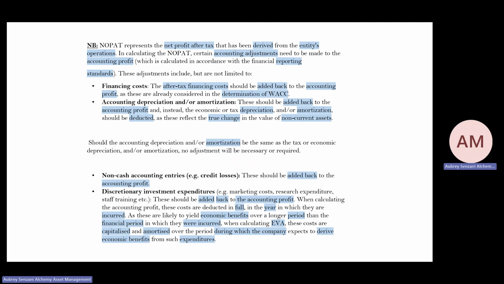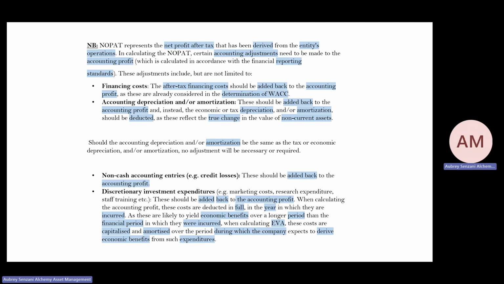But what is important is that non-cash accounting entries will need to be added back to the accounting profit. Then discretionary investment expenditures need to be added back to the accounting profit. When calculating the accounting profit, these costs are deducted in full in the year in which they are incurred. That's how we usually treat it.